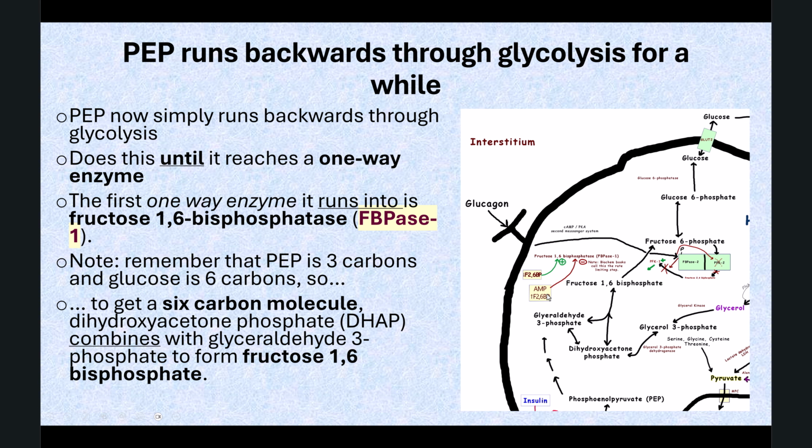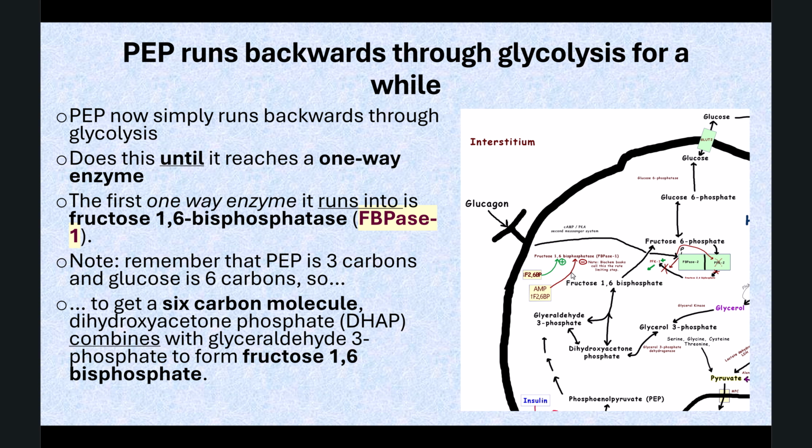Cool. AMP levels will actually inhibit this. Increased F26BP will inhibit this. These are the inhibitors in this step. Yeah, biochemistry books call this the rate limiting step. Physiology books don't. So on my question, I'd have to say, according to physiology books like Berne and Levy, blank is the rate limiting step.